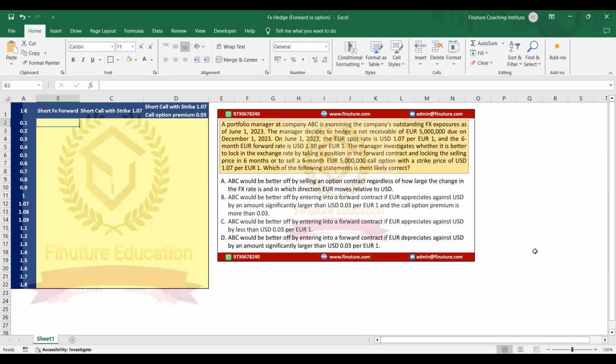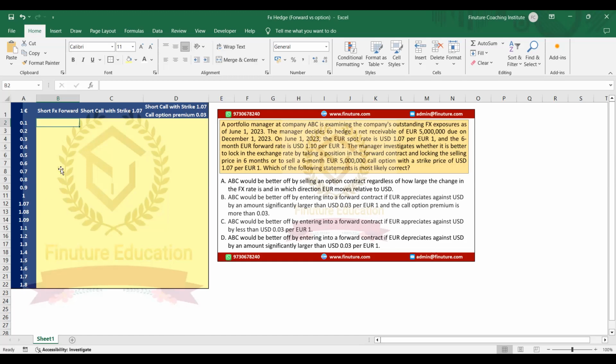So he can get $1.1 for each euro in his entire corpus of €5 million. So we have to evaluate what would be the value of the forward for different bands of the euro prices. Initially, just imagine that on June 1 it was 1.07. It can go down to 0.1, or it can go up to 1.8.